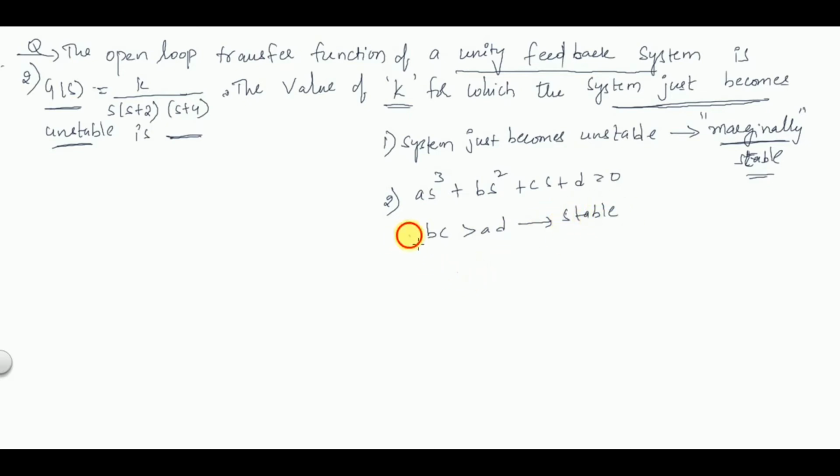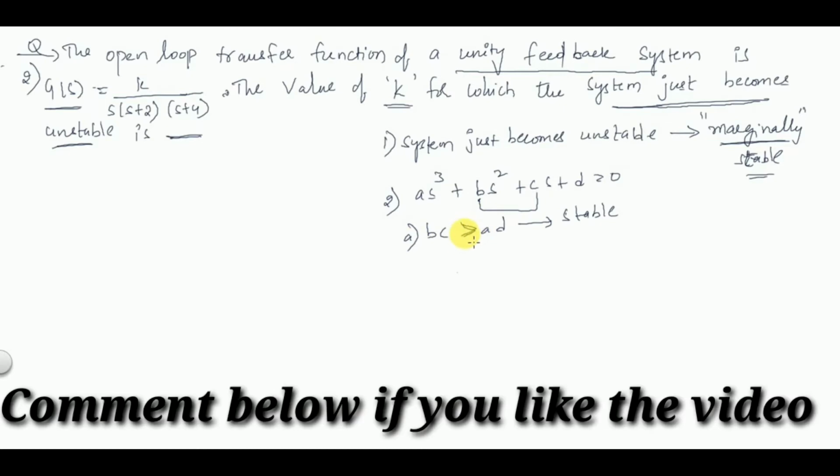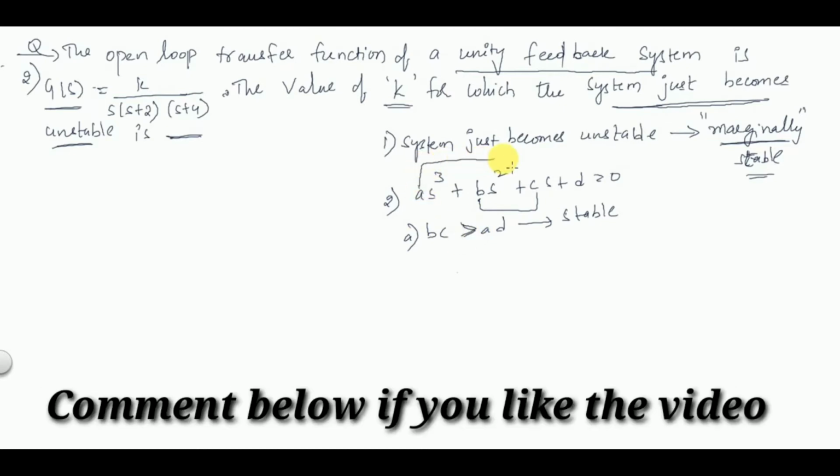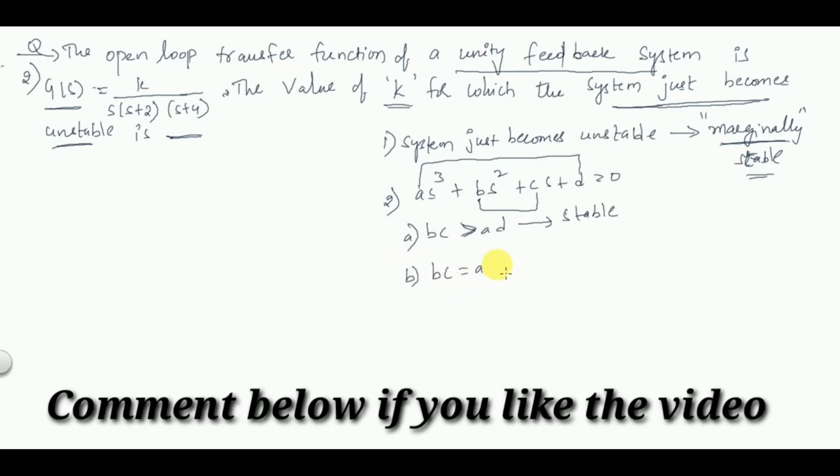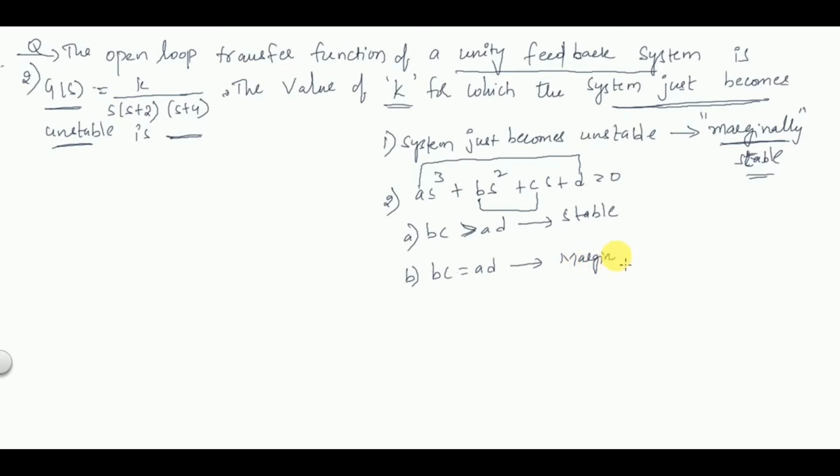So if the coefficients B into C, if you multiply, and that value is greater than the product of the coefficients A and D, the system is said to be stable. Next, BC is equal to AD, the system is said to be marginally stable. Third, if BC is less than AD, the system is unstable.